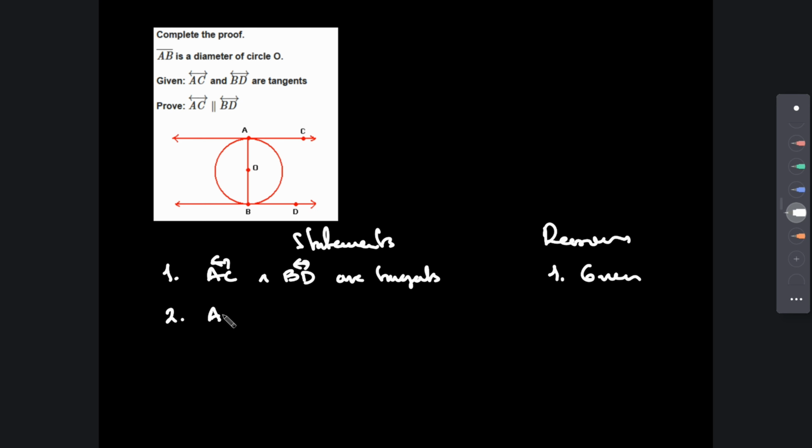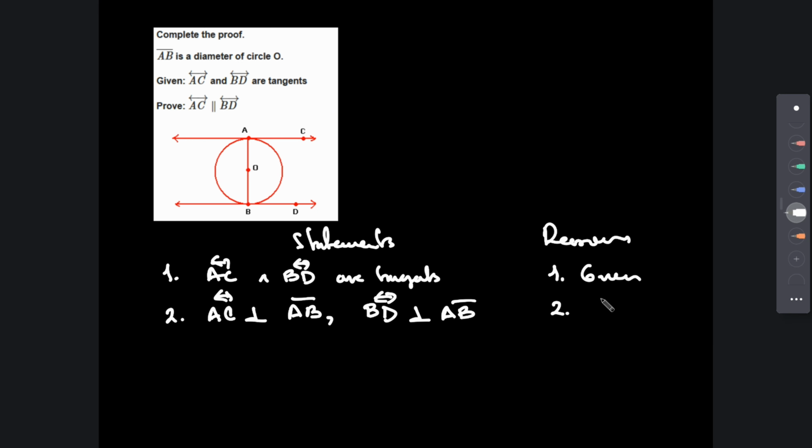So we know that AC is perpendicular to AB. Also, by the same theorem, we know that line BD is perpendicular to AB.